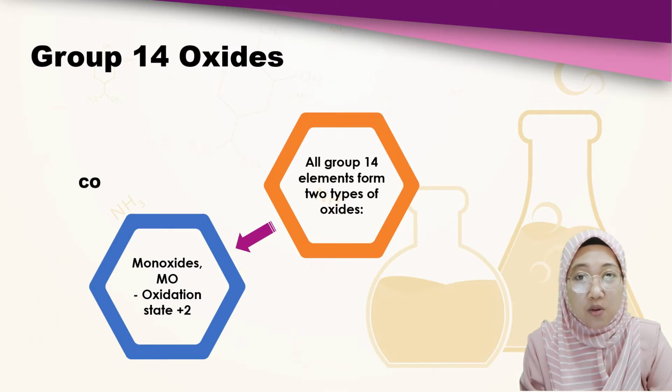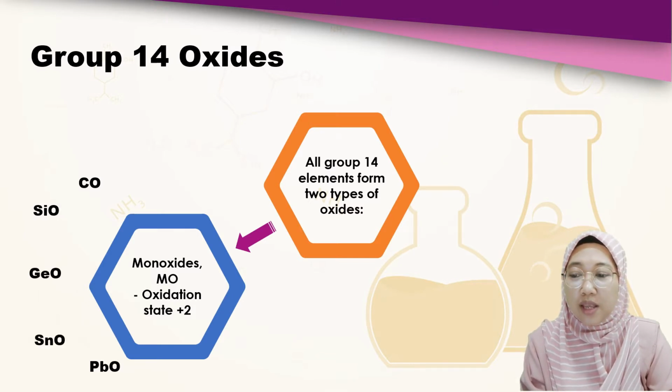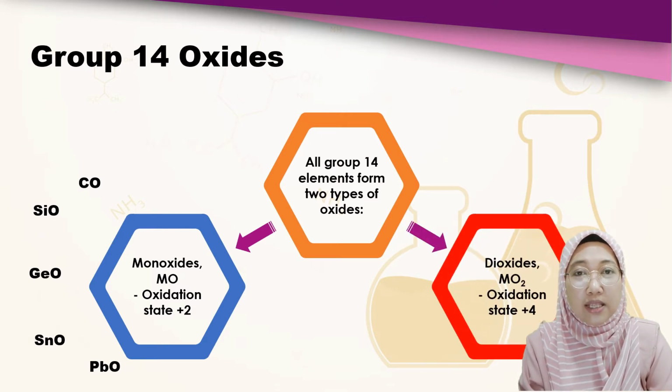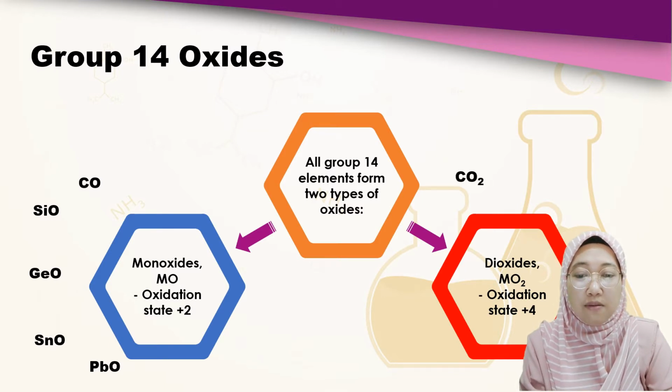Example, CO, carbon monoxide, SiO, silicon monoxide, GeO, SnO, and PbO. Okay, another type of oxides is dioxides, MO2, with oxidation state positive 4. For example, carbon dioxide, silicon dioxide, GeO2, SnO2, and PbO2.